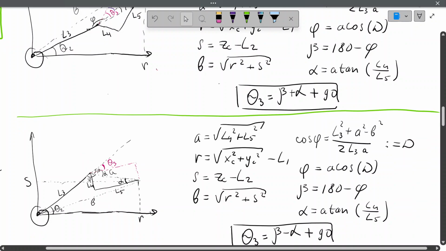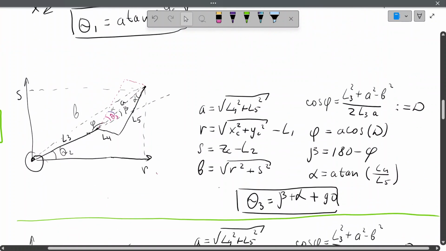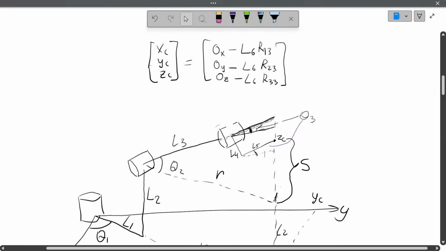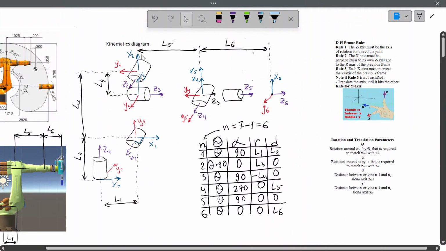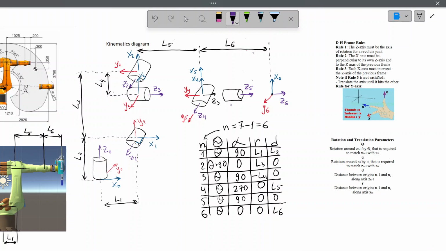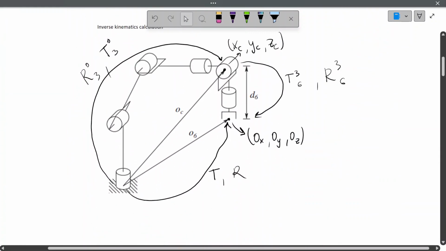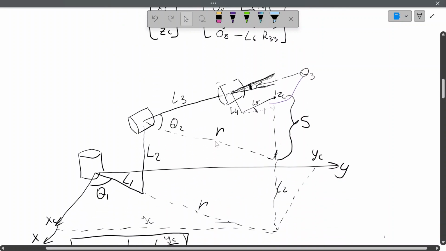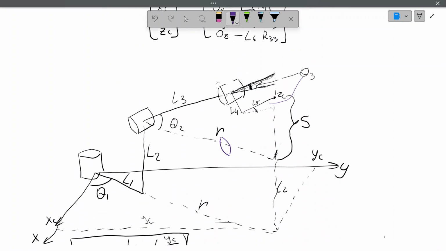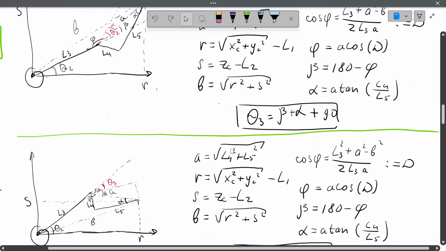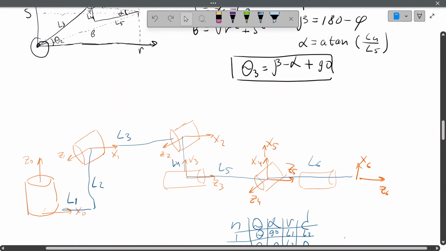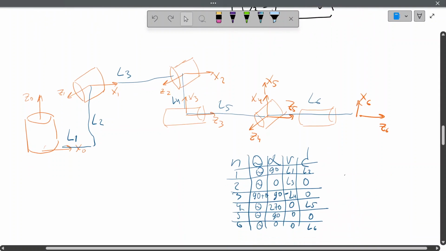Now let's see why we add 90 degrees here. If you take a look at this configuration we drew, it's a bit different to this one, because here we located this joint here, and then we moved it up. So its configuration is a bit different from what we drew before. So its configuration is similar to this.